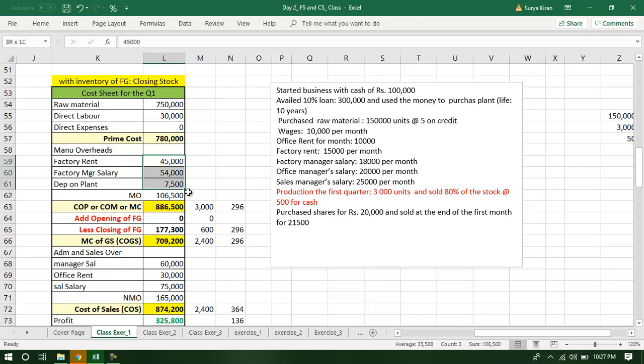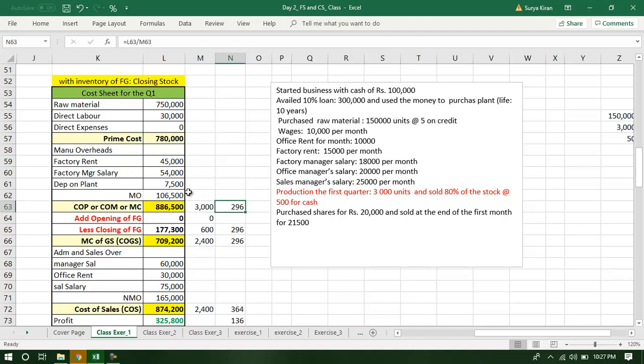So the summation of manufacturing overhead is 106,800. So the cost of goods manufactured is 886,500. Cost of goods manufactured per unit is 886,500 divided by 3,000, which is 296.